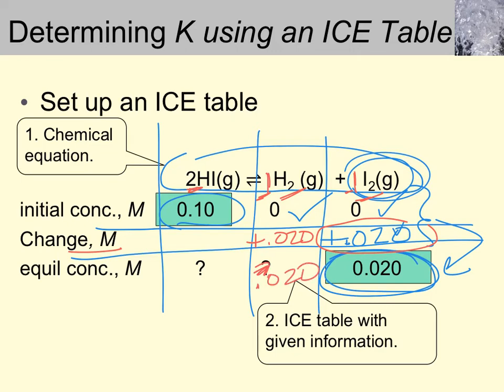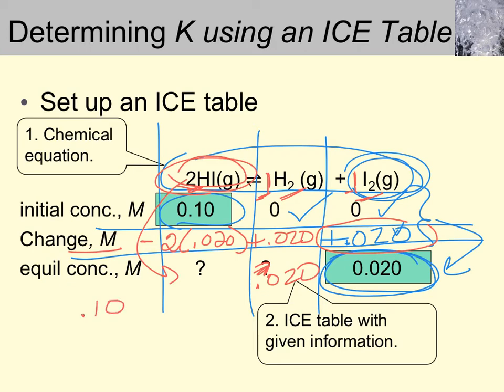All right, so now what is the change for hydrogen iodide? It's 2 times 0.020, okay? But now there is a minus sign, okay, because it's decreasing in concentration, it's the reactant. All right, so now what is the equilibrium concentration of hydrogen iodide?